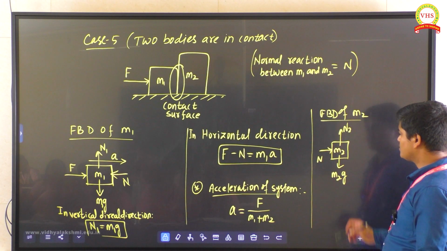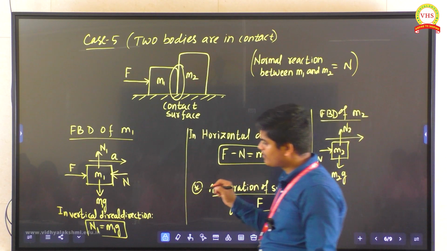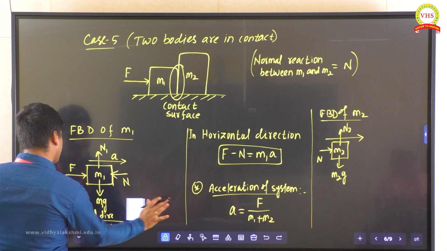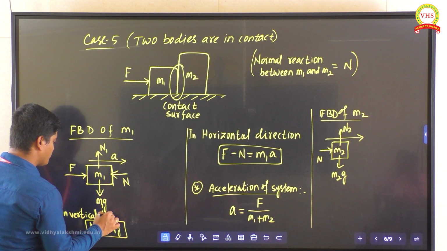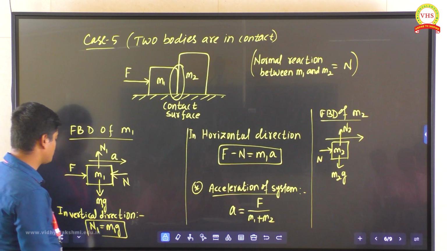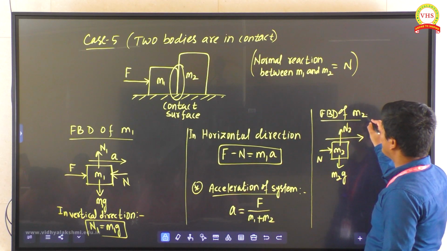Now here the acceleration is towards right, in the free body diagram of M2.